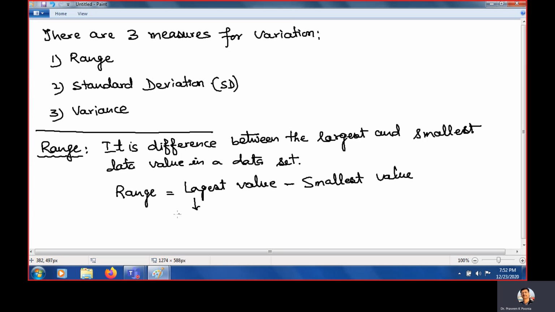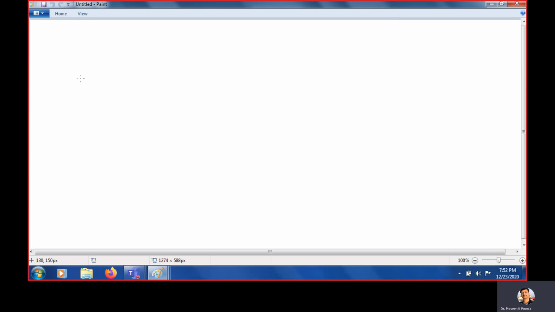Another word for largest is highest, and for smallest is lowest. This is how you can evaluate the range of given data. We will learn one example, or we can take two examples here.